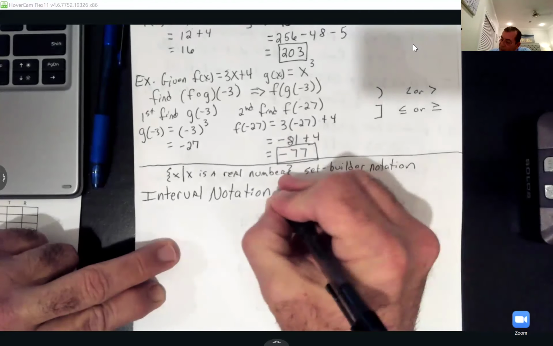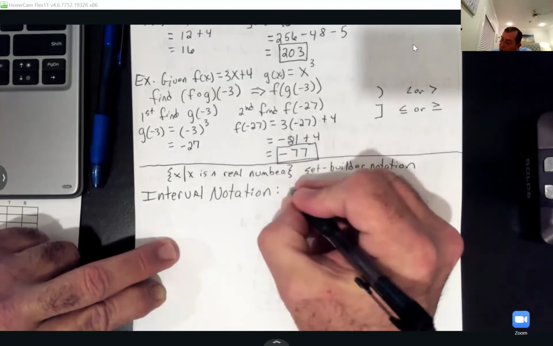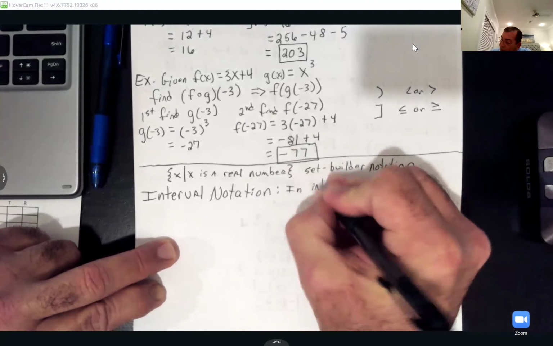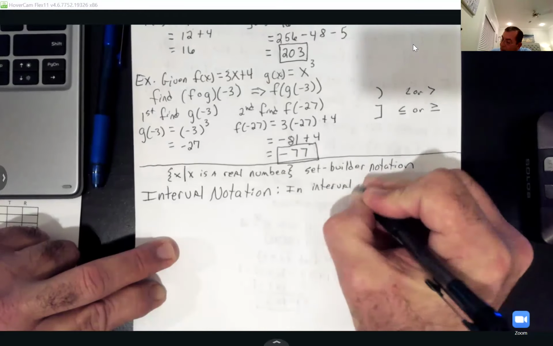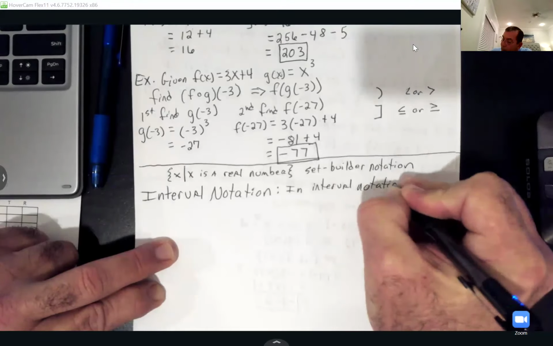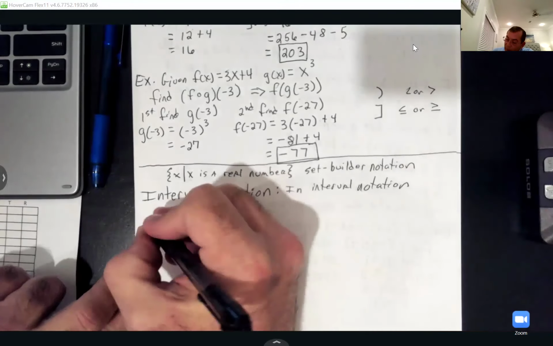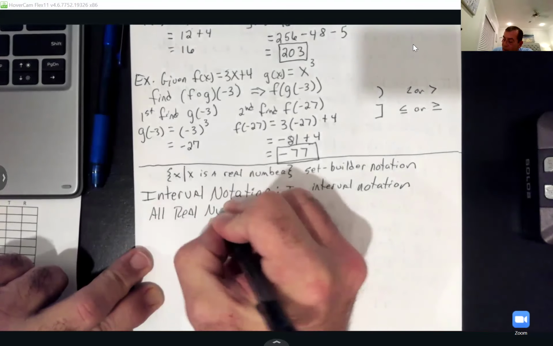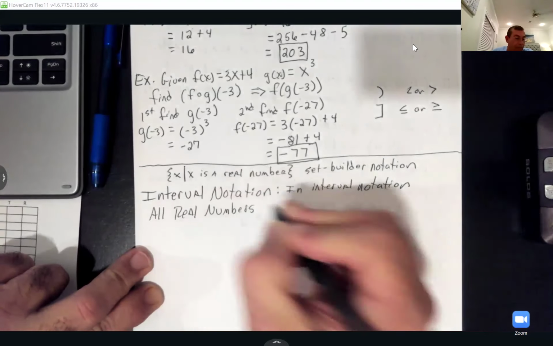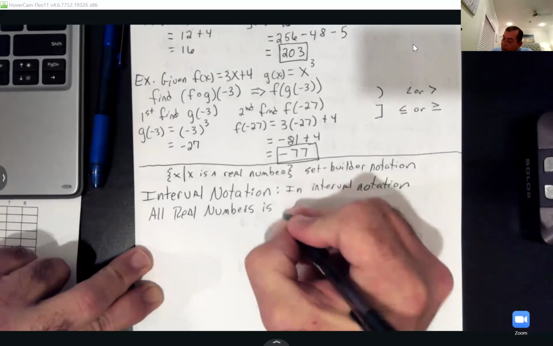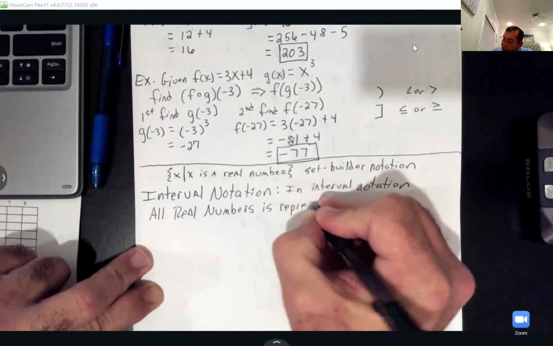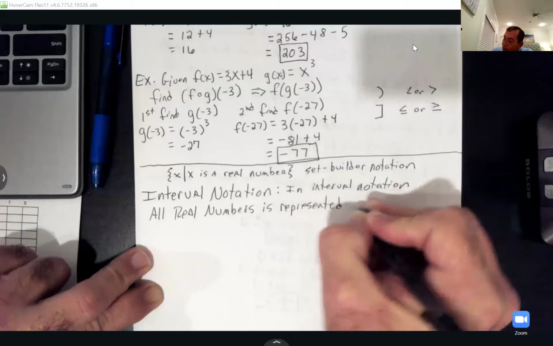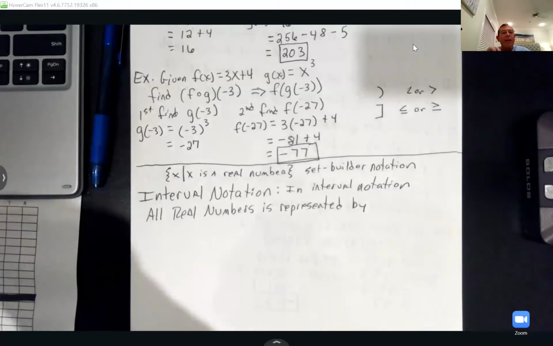So in interval notation, all real numbers is represented by, so y'all let me ask you this.